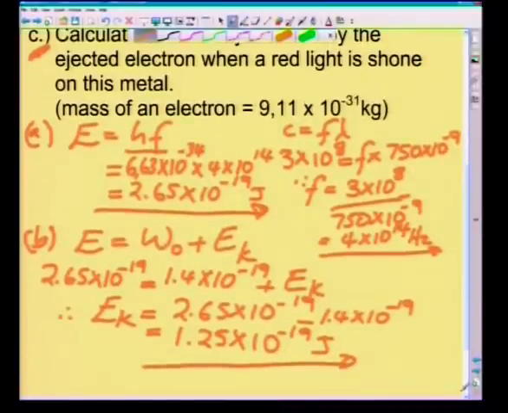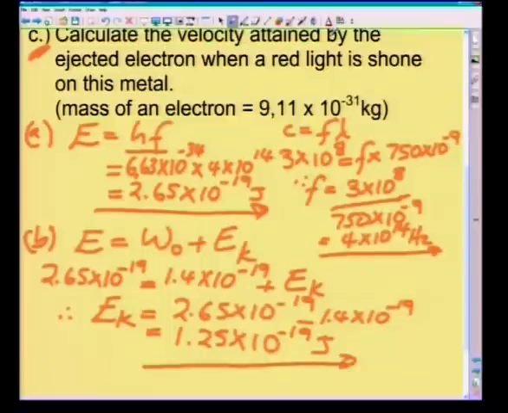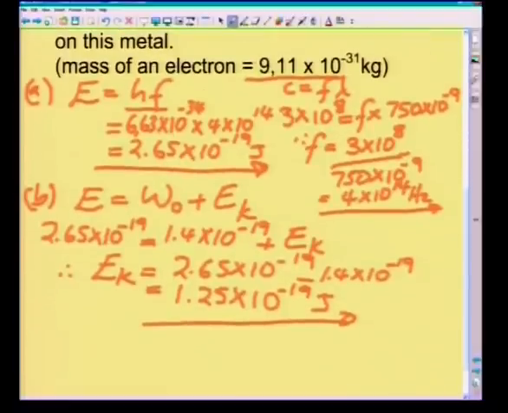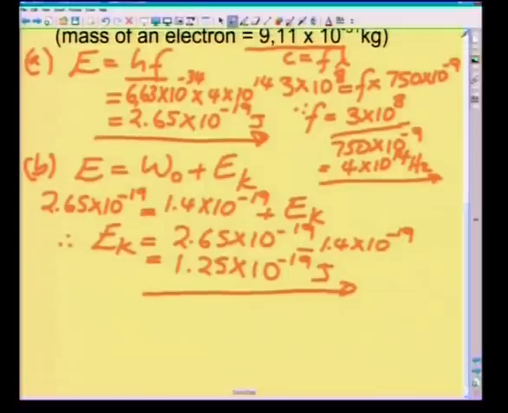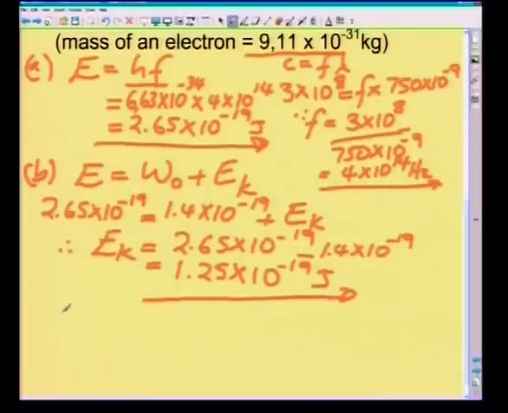So number C says calculate the velocity attained by the electron when red light is shone on this metal, and you are given the mass of the electron there. Now let's have a look at it. Remember that EK is given by half mv squared.